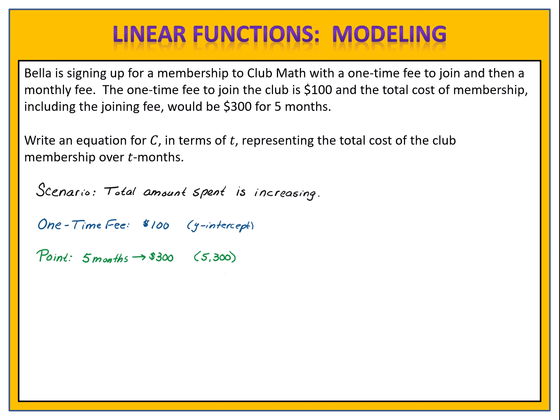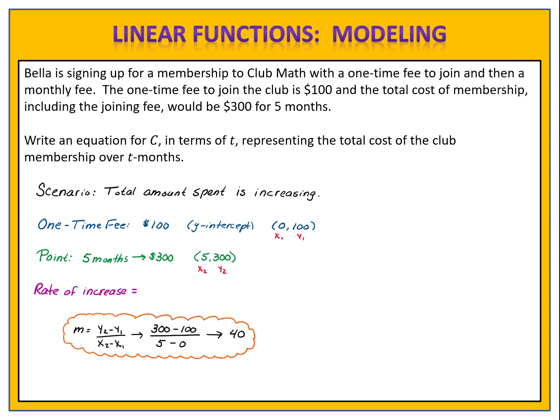Now, no matter what form we want to write our line in, we have to have a rate of increase or decrease. That information is not given to me in this problem, so I'm going to have to calculate it. I have the point (5, 300), and I can use my y-intercept to have the point (0, 100). I label my points (x1, y1) and (x2, y2), and then I use my slope formula to calculate the rate of increase.